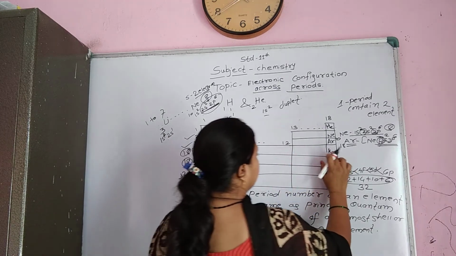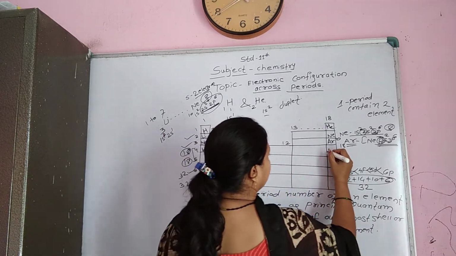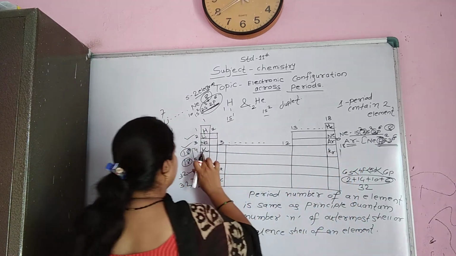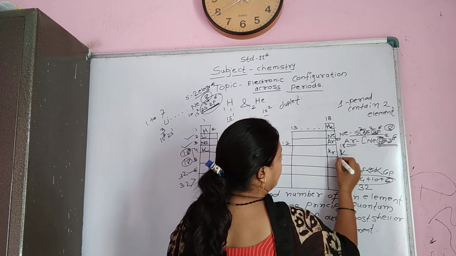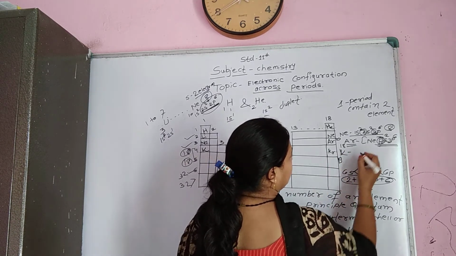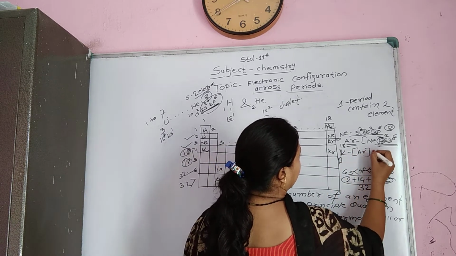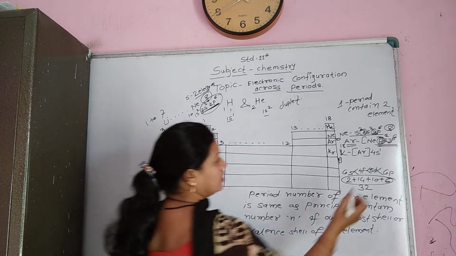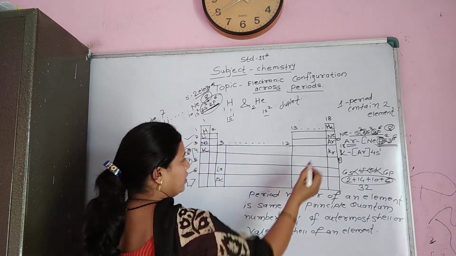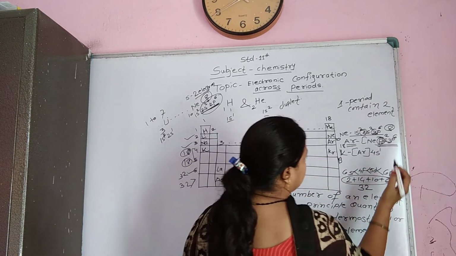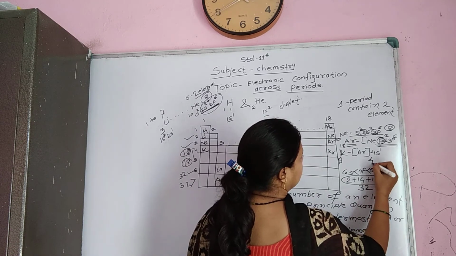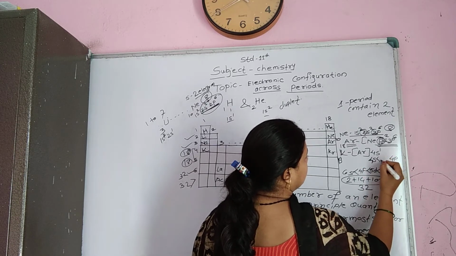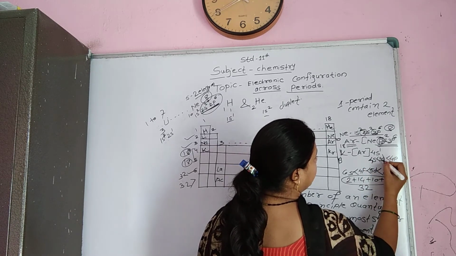During the 4th period, the electronic configuration of potassium, K, has atomic number 19 and its electronic configuration is Ar 4s1. After 3p, the next orbital is 4s. So during the 4th period, the 4s subshell gets filled, and the last is 4p, and in between 4s and 4p, the orbital is 3d.